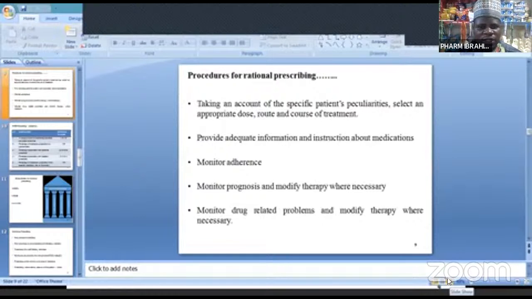Then percentage of medicine adequately labeled. All medicines dispensed to the client should be appropriately labeled to avoid intermixing and causing harm to the patient. Then the last is percentage of patients with knowledge of correct instruction and information about their medicine, and it should equally be 100%.